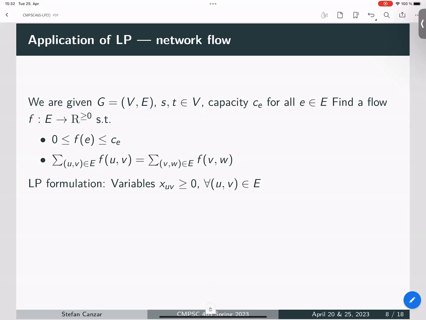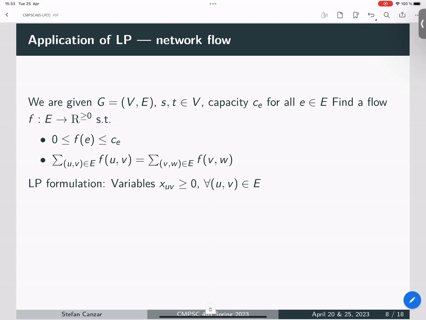Then what's the objective? Any idea how we can phrase the objective using these variables? Are we minimizing or maximizing? We're maximizing, exactly. We want to find the maximum flow. So which variables do we have to sum up in our objective? It's going to be a linear function. It has to be.